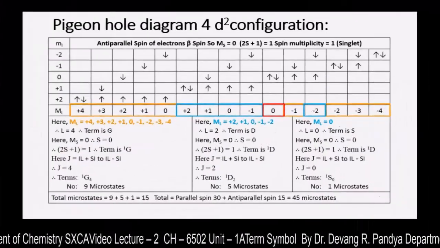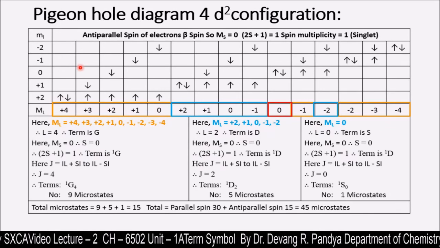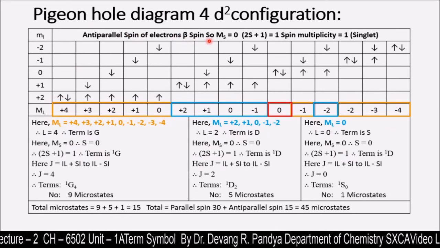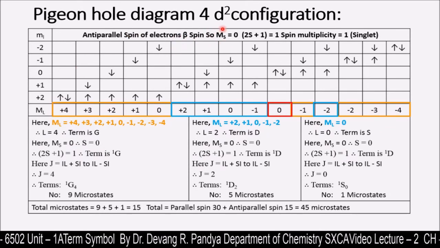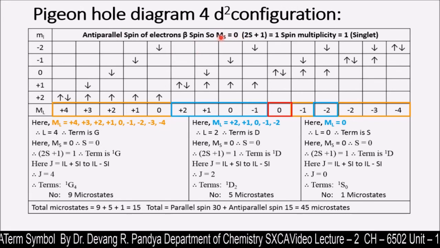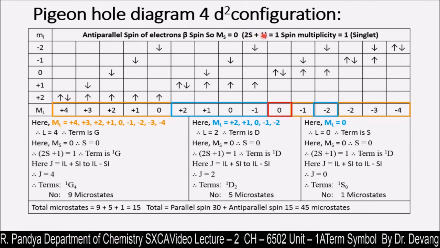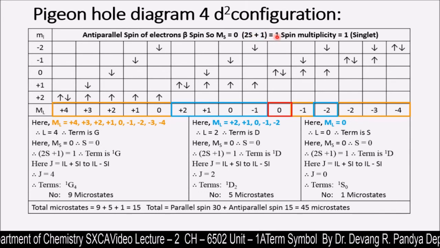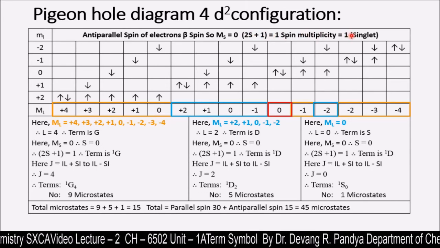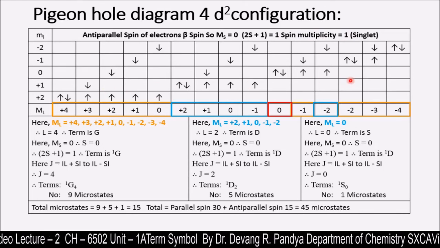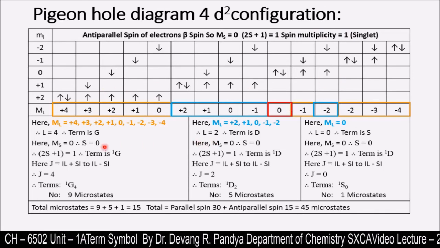Now let us see the anti-parallel arrangement. This is the anti-parallel spin arrangement, that is beta spin for this d2 configuration, and for that M subscript S value is 0, and when we substitute, it gives a common spin multiplicity, that is 1, that is singlet. So for all this arrangement we have singlet term symbols.